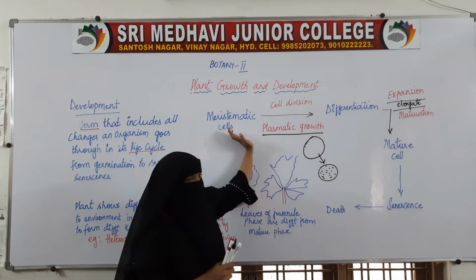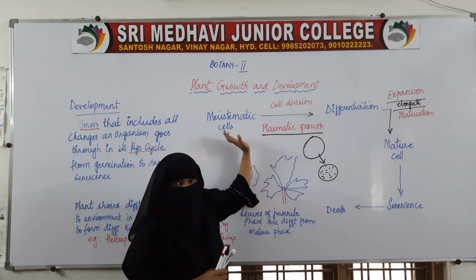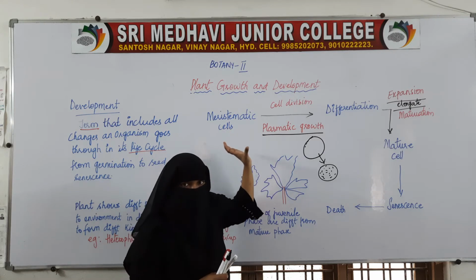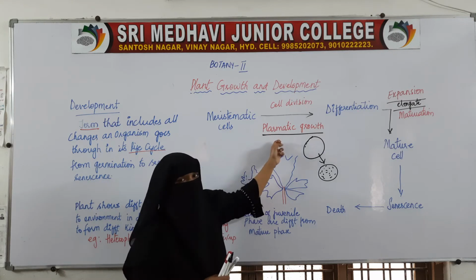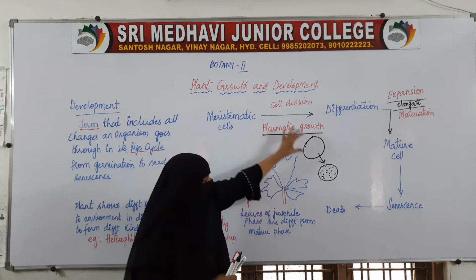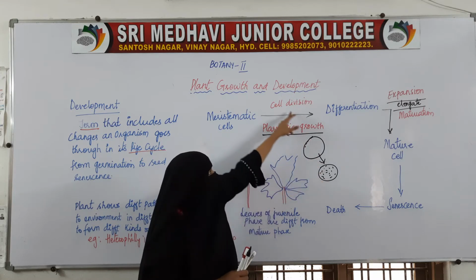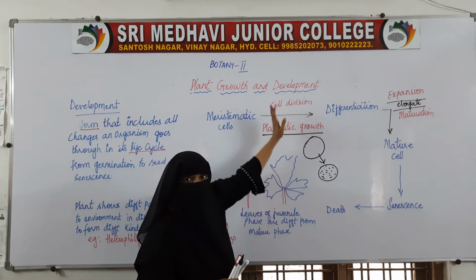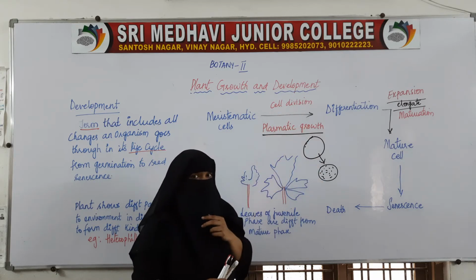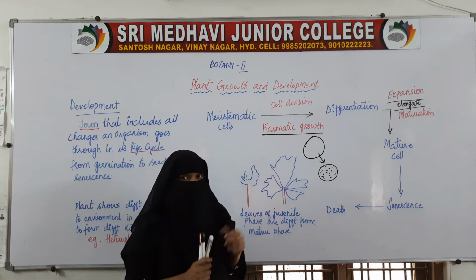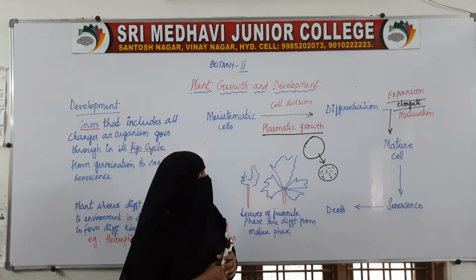First, meristematic cells are produced. The zygote produces meristematic cells. These meristematic cells undergo plasmatic growth, that is, the protoplasm will increase, and afterwards the cell will undergo division and produce many cells by continuously dividing.